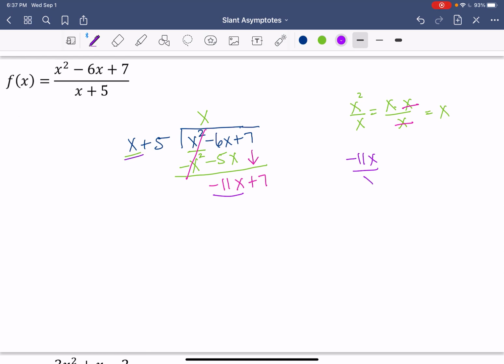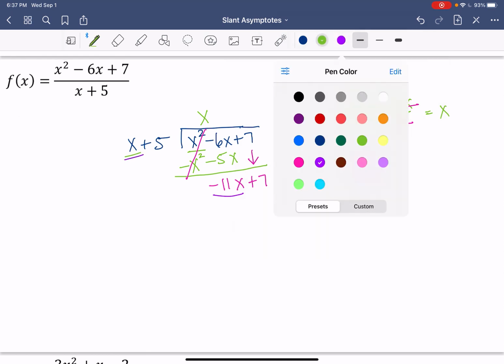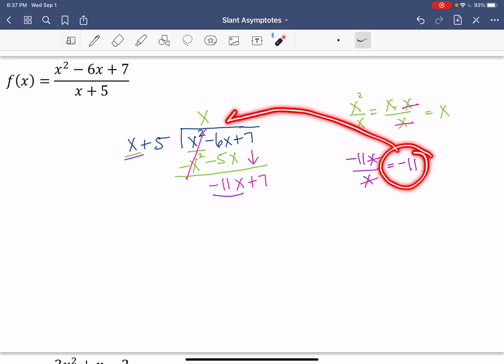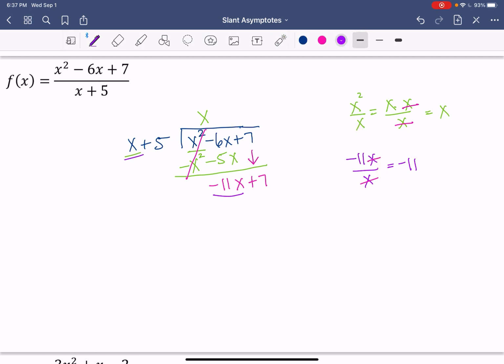Negative 11x divided by x. So the x's cancel. This x cancels out that x. So all you're left with is negative 11. That you're going to put up at the top. So we got minus 11, and then you multiply. So you got negative 11 times positive 5, which is negative 55.